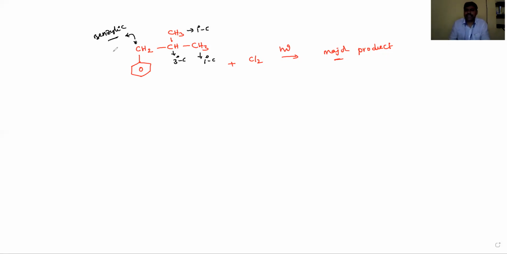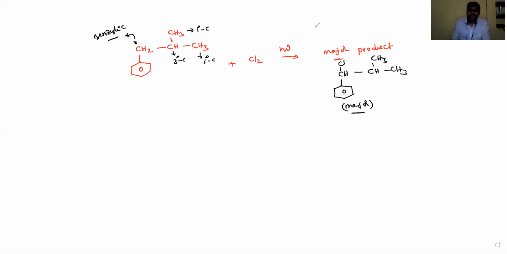Among them, the benzylic free radical is more stable than tertiary and then primary. So the major product will be at the benzylic position, where chlorination will take place, compared with the tertiary carbon. Okay, dear students, these kinds of questions are asked in NEET and JEE examinations.